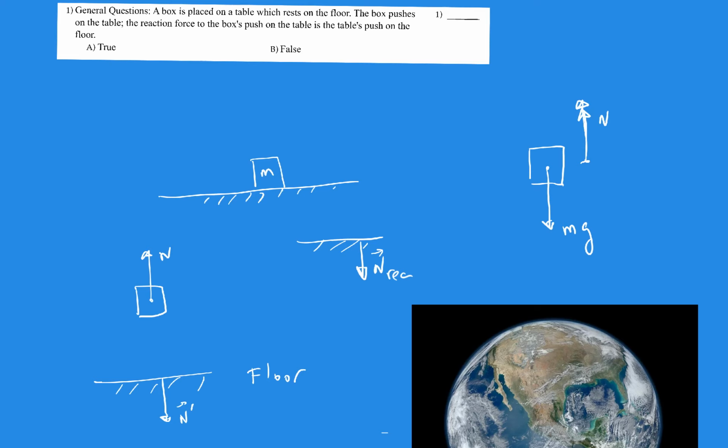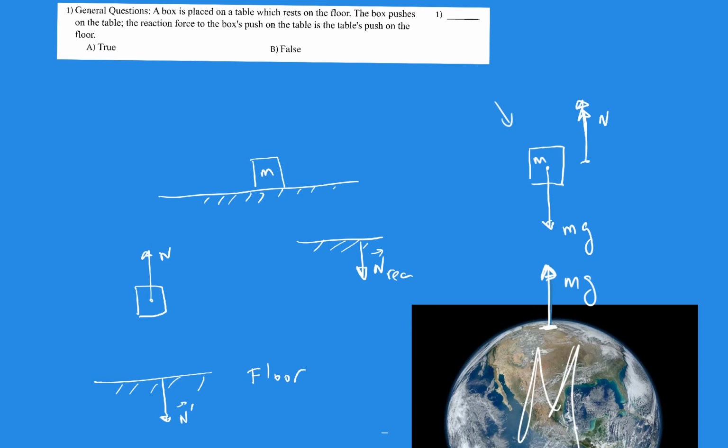The reaction is the force that the object of mass m is doing on the earth, in the opposite direction with the same magnitude. So the earth is attracted by the mass m with a very small force compared to the big mass of the earth, which produces a very, very small acceleration on the earth.